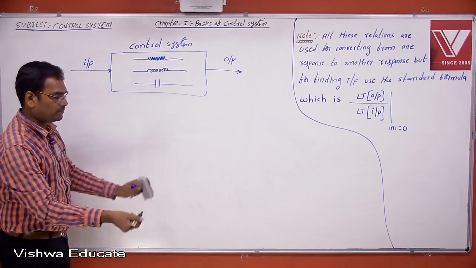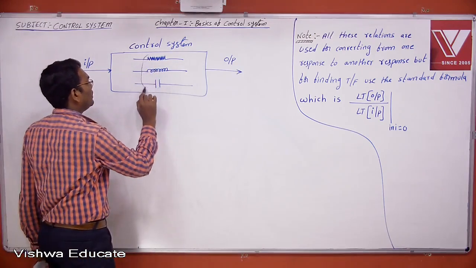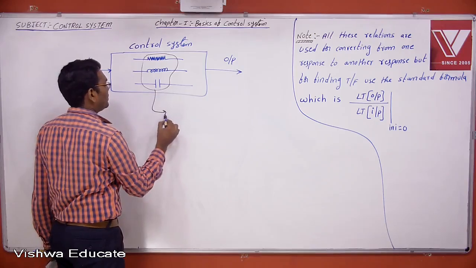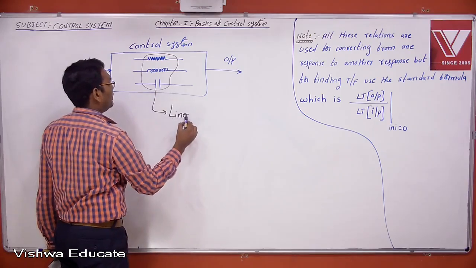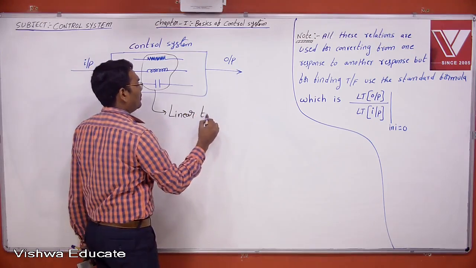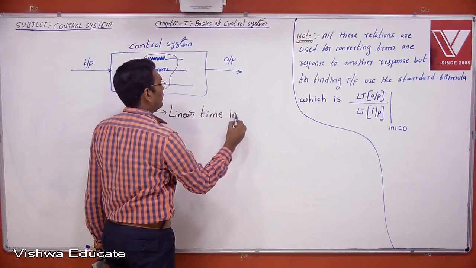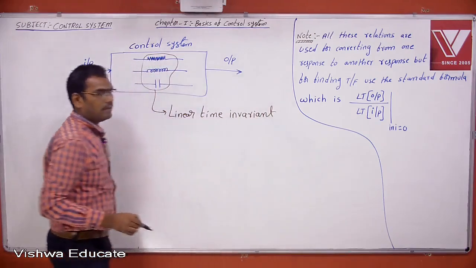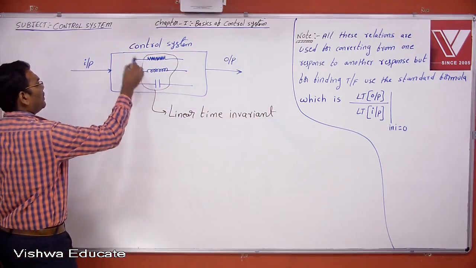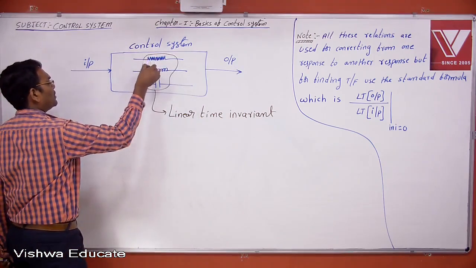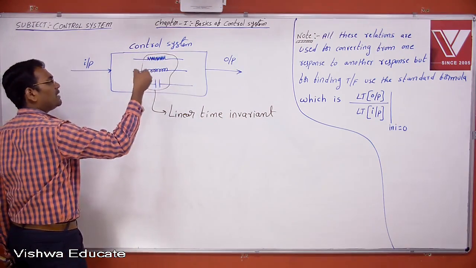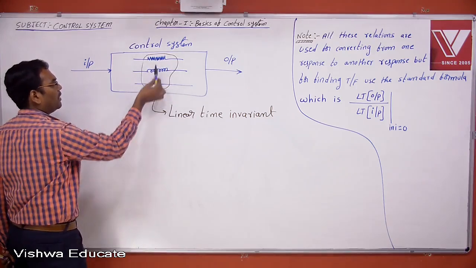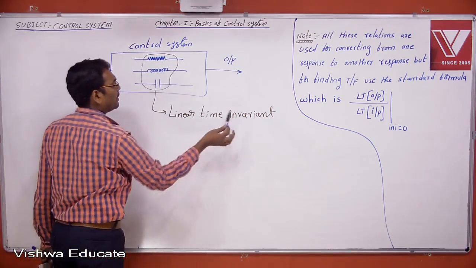But what we just identified is that all these three elements are said to be linear time invariant. Therefore, can I say like that? Any control system which is a combination of resistor, inductor, and capacitor, whose basic behavior depends upon the resistor, capacitor, inductor behavior, but these three elements are linear time invariant.